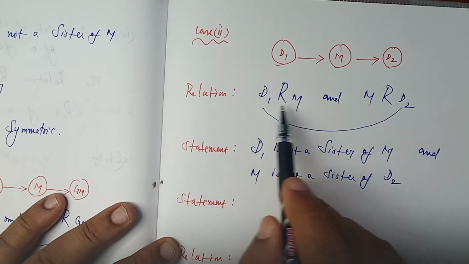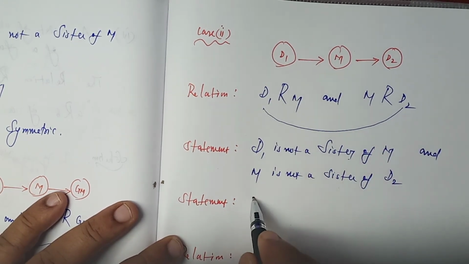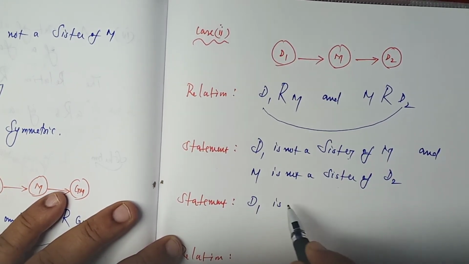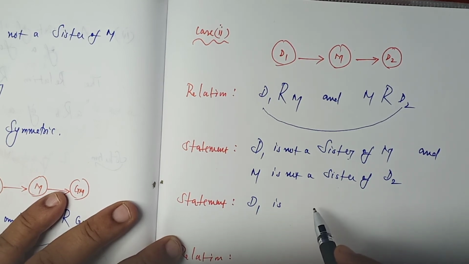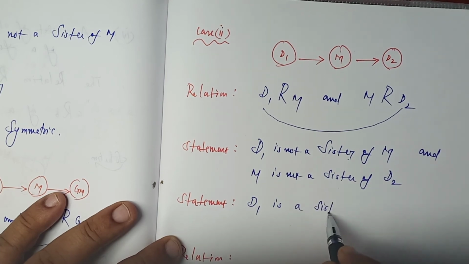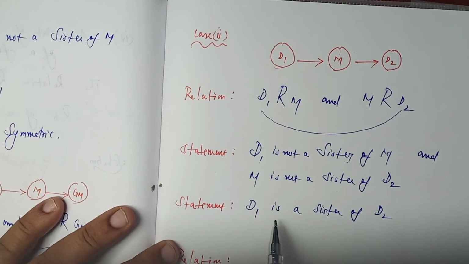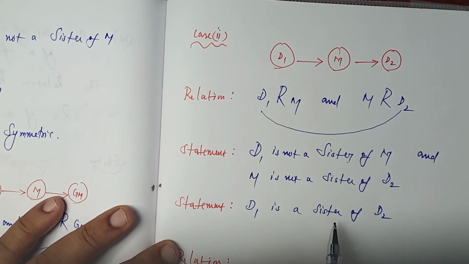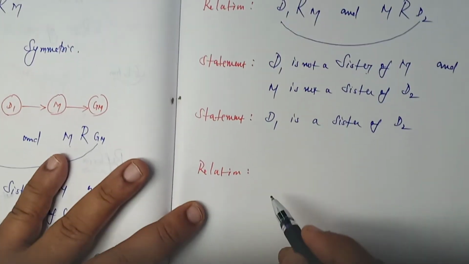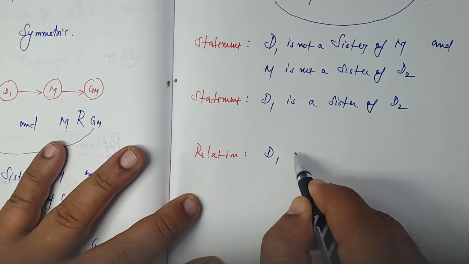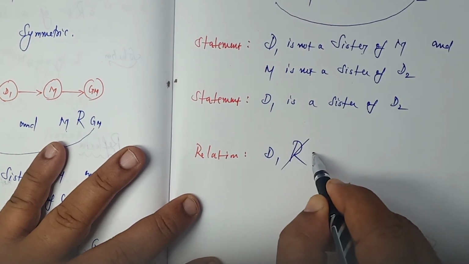So D1 and D2. D1 is a sister or not a sister? Obviously a sister only. D1 is a sister of D2. This is against our statement. Our statement is not a sister. Therefore, D1 is not related to D2.